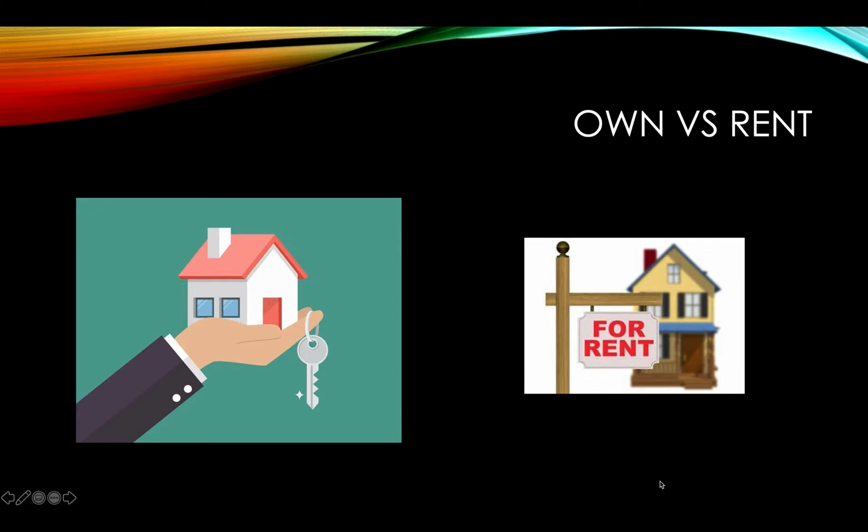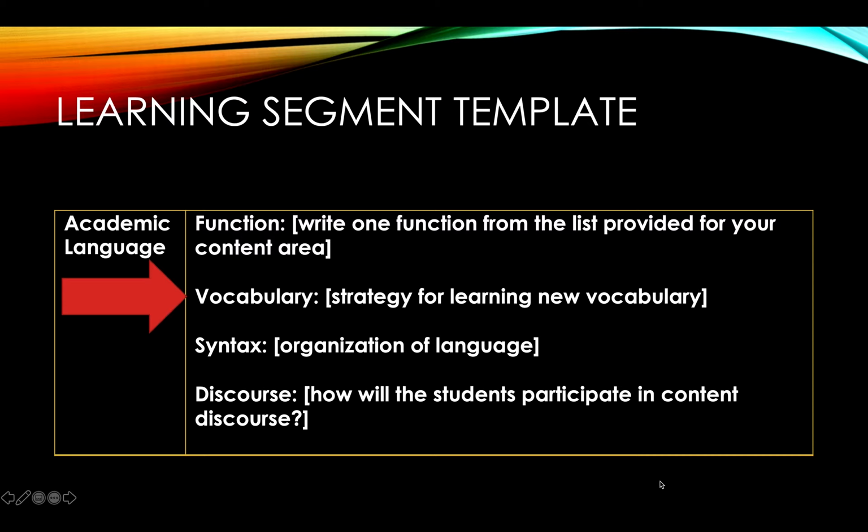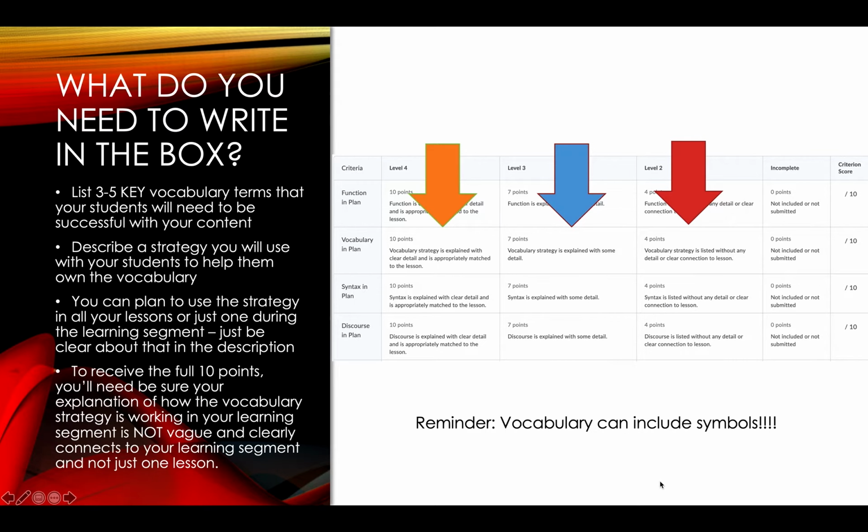So here's where it looks like on the template and where you're going to put that in. And now let's look at what you need to put. So you might jot down a couple of notes for yourself. You want to list in that little box, I'm talking about this box right here under vocabulary, you're going to list 3 to 5 key vocabulary terms that you really want your students to be successful with. These are connected to your content, of course.